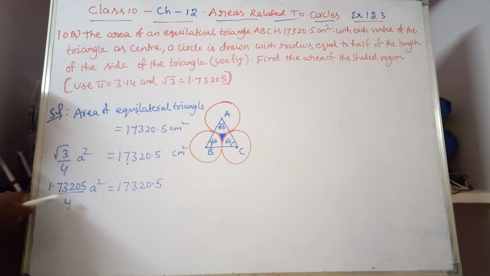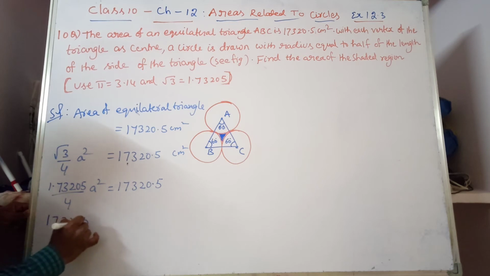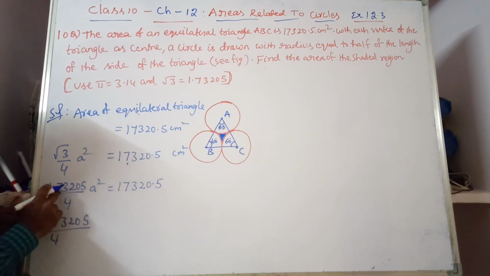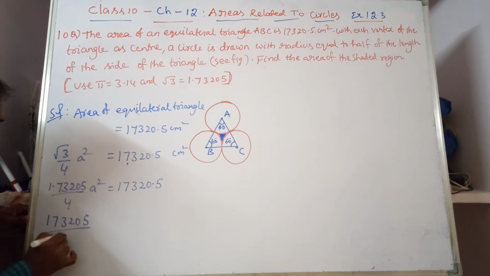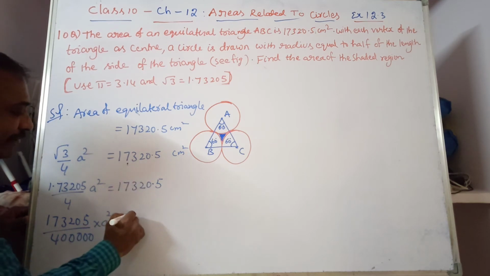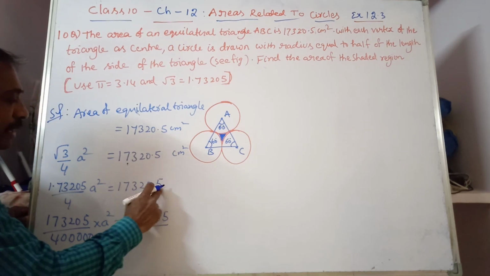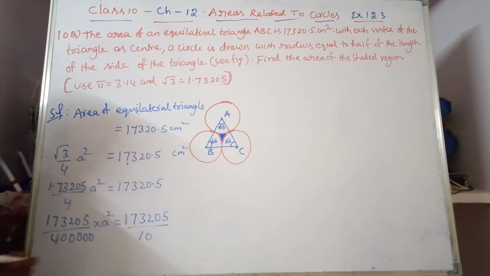In the denominator, how many zeros can we add? 1, 2, 3, 4, 5. So we remove the decimal point and get 173205 by 4 followed by 5 zeros, into a square, is equal to, on this side also the same way, 173205. After the decimal point we have 1 digit, so we write 10.